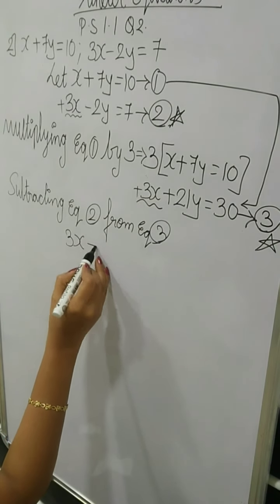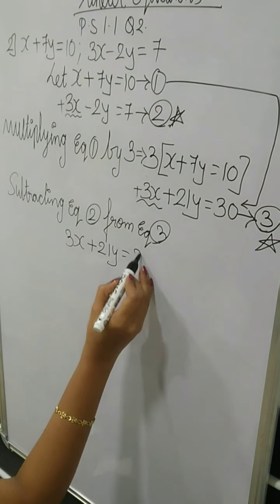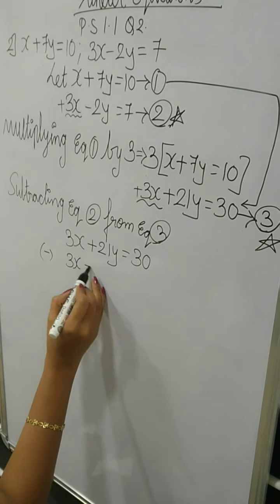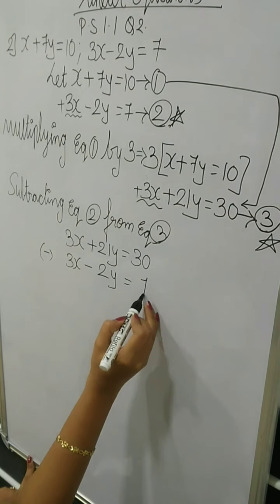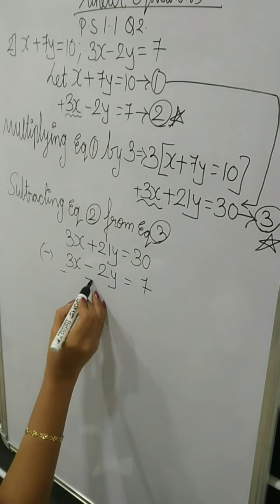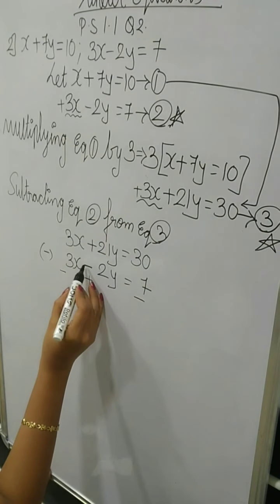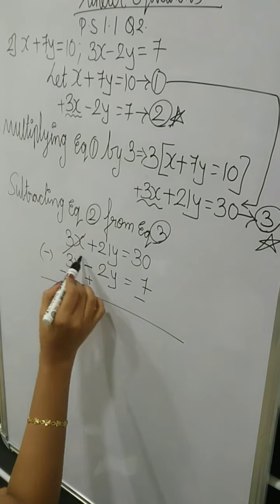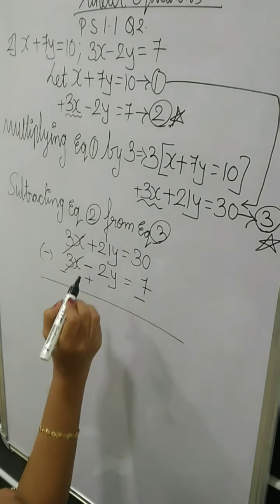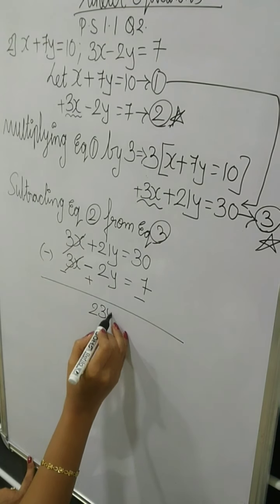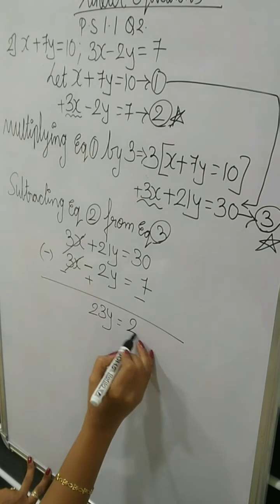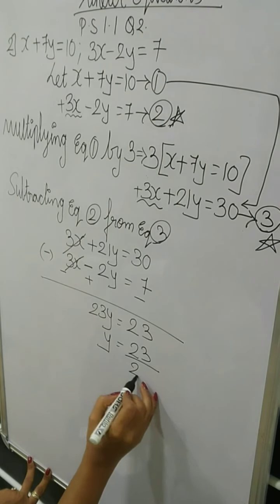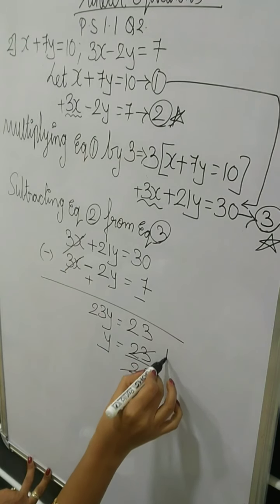So I'll write 3x plus 21y is equal to 30 minus 3x minus 2y is equal to 7. So I'll change all the signs. If it is minus, it will change into plus. Plus will change into minus. 3x will get cancelled. 21 plus 2 gives us 23y, and 30 minus 7 also gives us 23. So 23y is equal to 23. Divide by 23. I get y as 1.